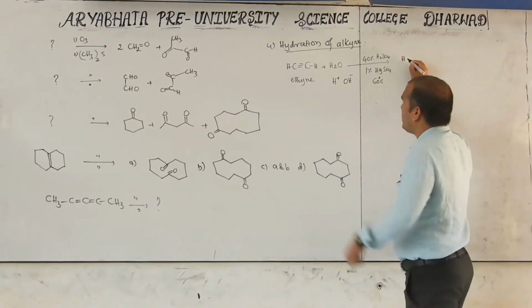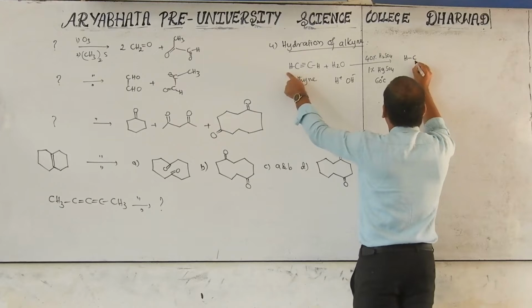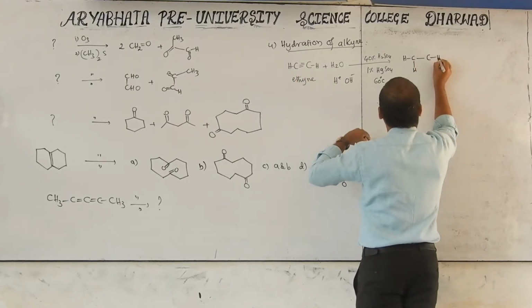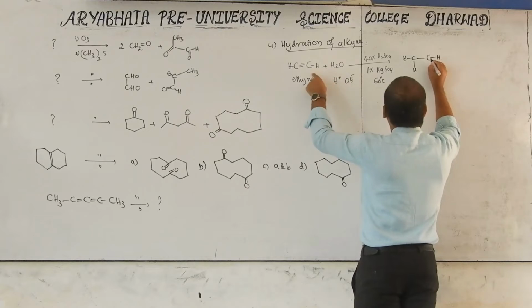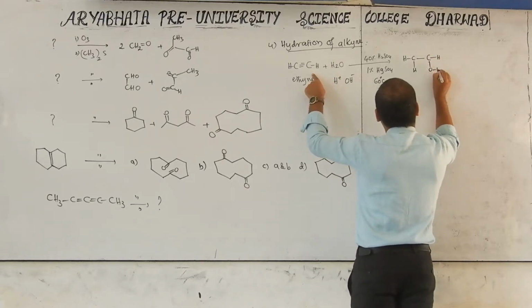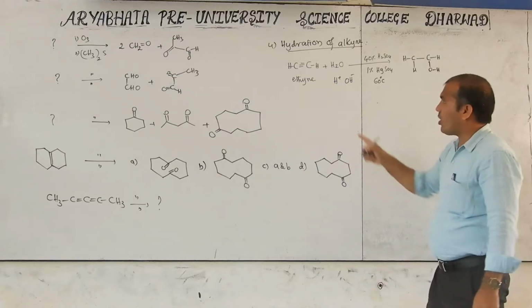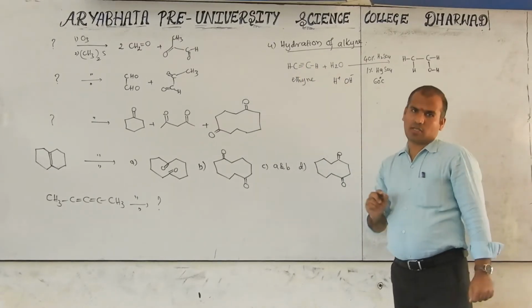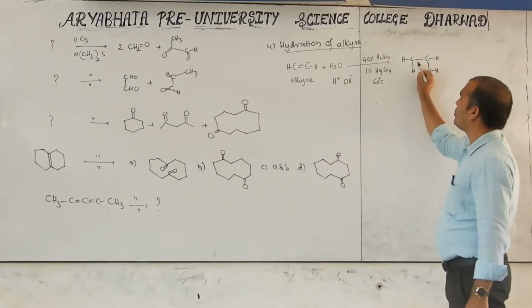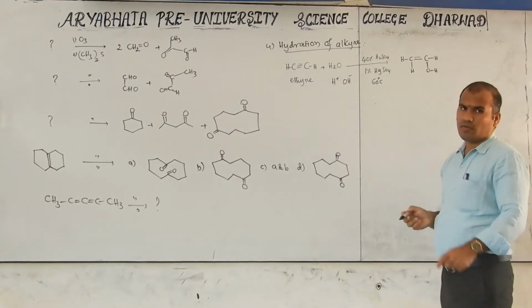Now one side has H, another side has OH. Already H is there here, single bond H. On the other side we have to add OH. Here how many bonds are there? 3 bonds. Carbon valence is 4, so 1, 2, 3, then the remaining is 1 bond.